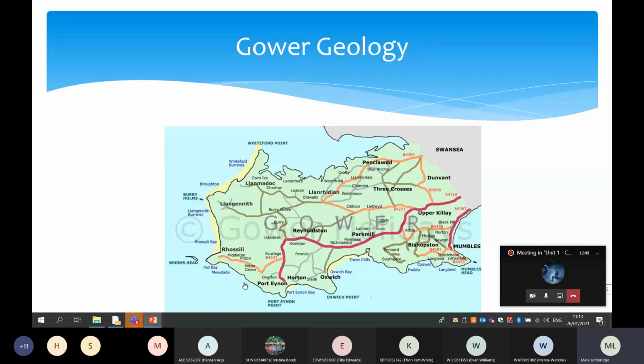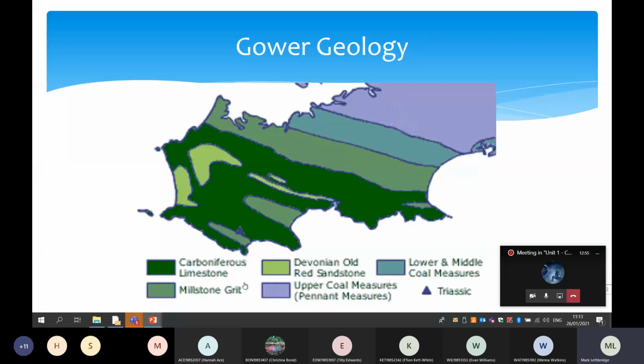Now, if we turn this map into a basic geological map of the Gower, what we actually end up with is something like this, and it does prove what we were just talking about. Now, I don't expect you to know all of these types of rocks. I don't expect you to remember all of these types of rock, but there are a couple that become quite important.